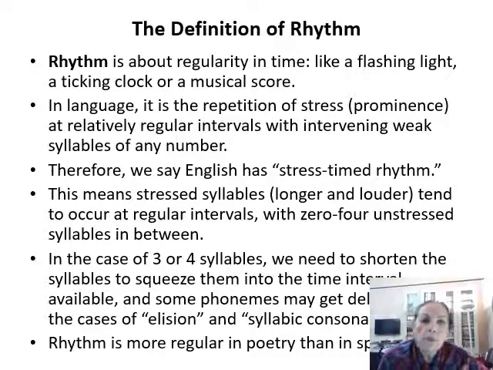We turn to the definition of rhythm. We start with rhythm. Rhythm is about regularity in time, like a flashing light, a ticking clock, or a musical score. Even the heartbeat has rhythm. So it is about a certain time that you are given, and you have to cover as many stresses and unstresses in this required time as required by the language.